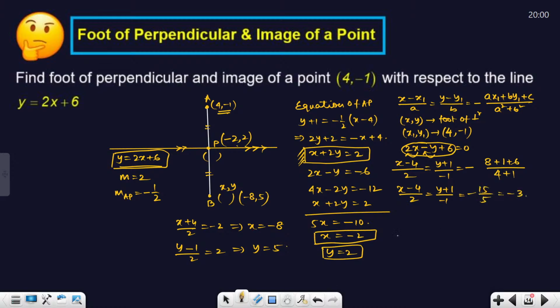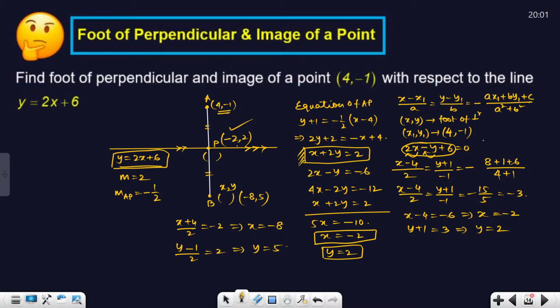That gives us minus 3. So straight away we'll say x minus 4 is minus 6. From here we are saying x is minus 2. And y plus 1 equals 3. So from there we are getting y as 2. So this is the foot of the perpendicular which exactly we got here, minus 2 comma 2.